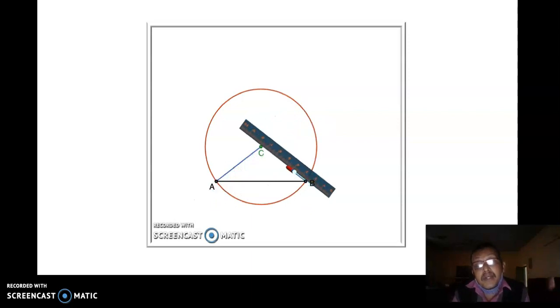Now draw the perpendiculars at A and B, because the perpendicular drawn at the end point of a radius is a tangent, or, at the point of contact of a tangent, the radius drawn is perpendicular to the tangent.